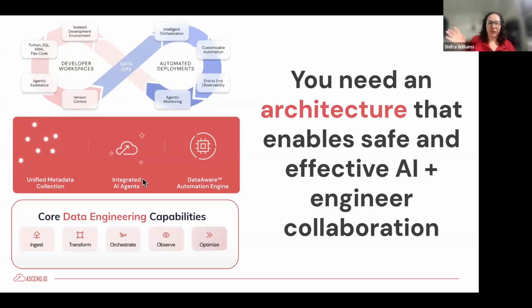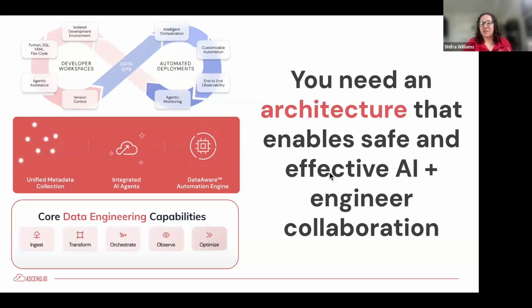And then furthermore, from there, you can go into automation that's using those AI agents and that metadata. So that comes to our data aware automation engine. Now, that's the effective piece when we talk about safe and effective collaboration between AI and engineers. We have the unified capabilities, we have the metadata, the agents, and the automation that's going to make that effective.